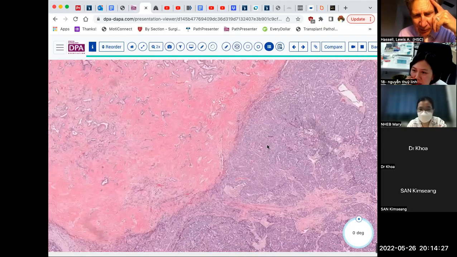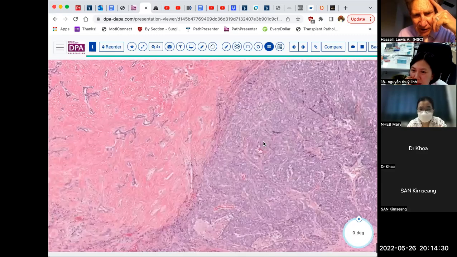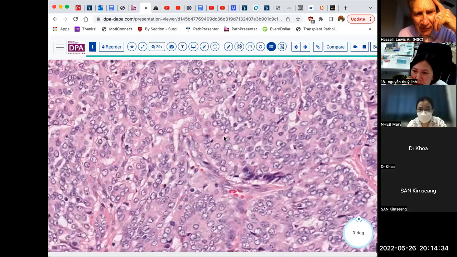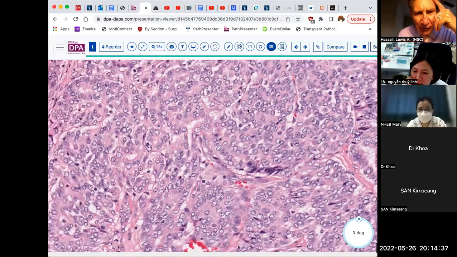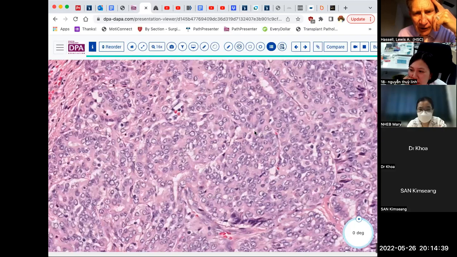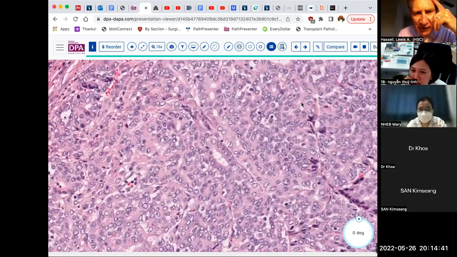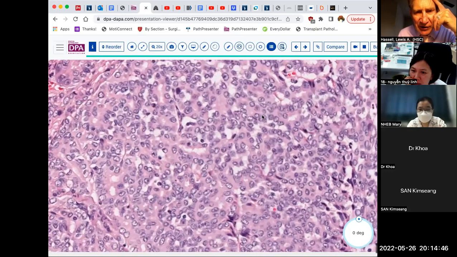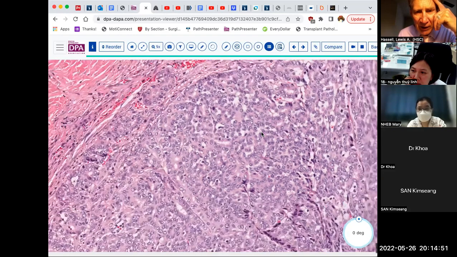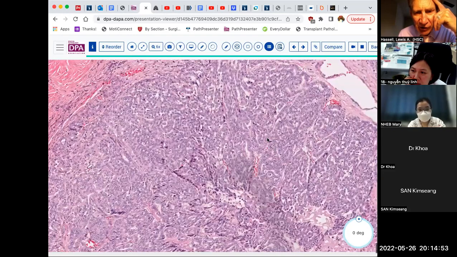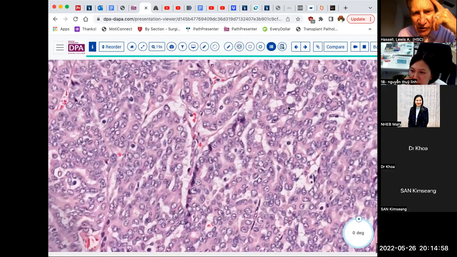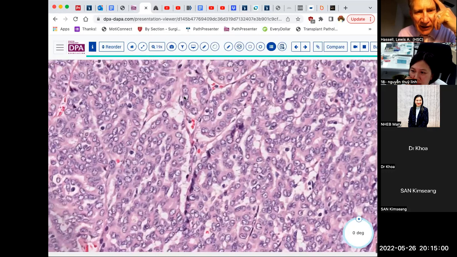But we also have this part down here, much more cellular and more sheet-like pattern of growth, a little bit of pseudoglandular formation, a little bit more hepatoid appearance to these cells, maybe a little bit similar to that hepatoblastoma morphology that we just looked at. Here there are some glandular structures or rounded spaces like this.